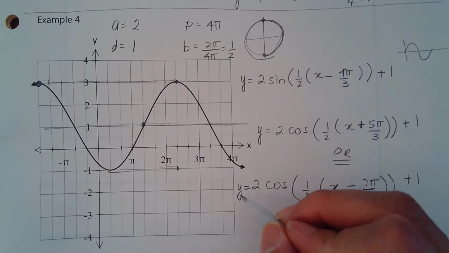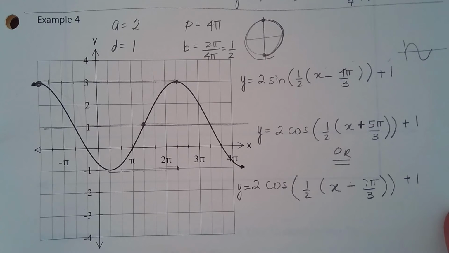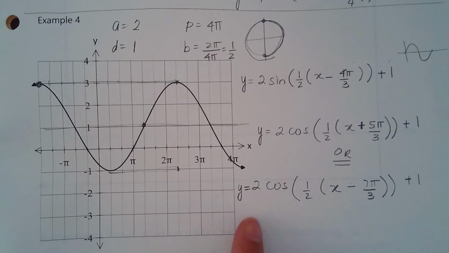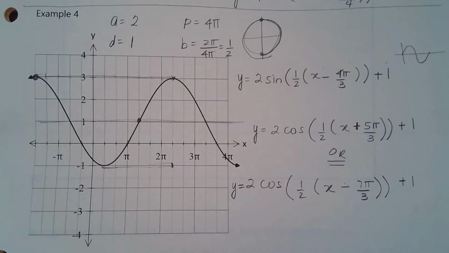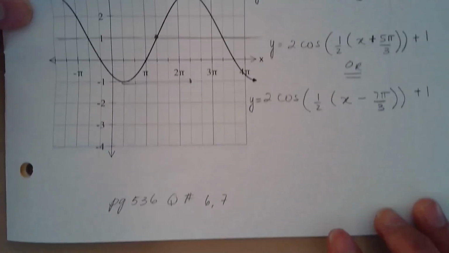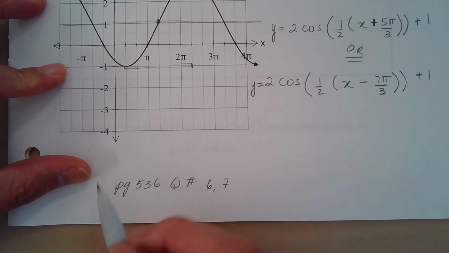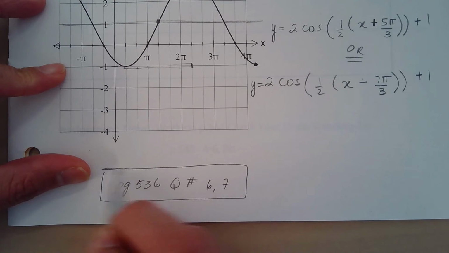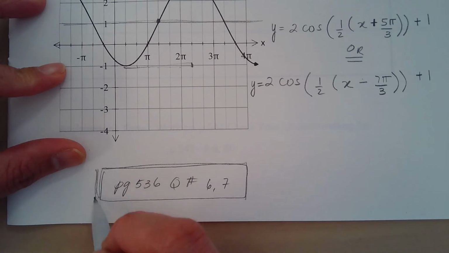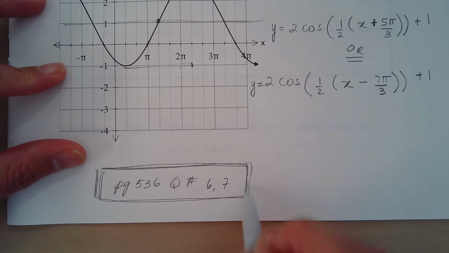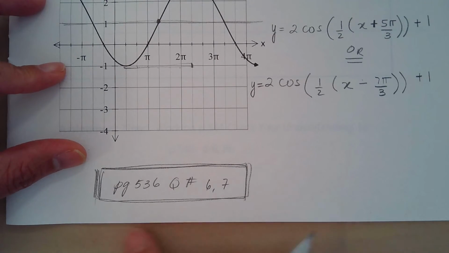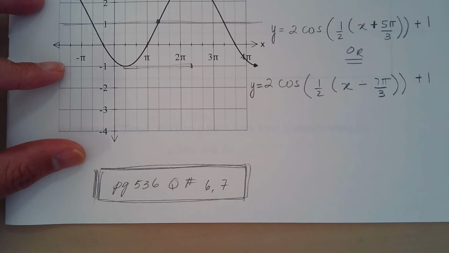And because this is an equation, you have to have y equals, and then that. Now it takes practice to do these things. We don't become an expert on something all of a sudden.